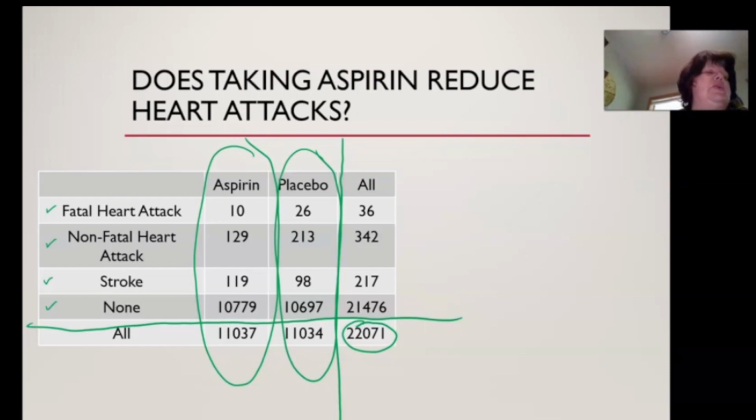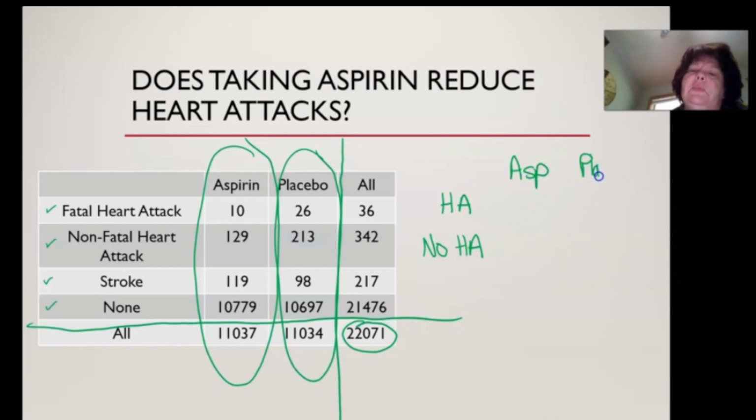So I am going to make this table into one with just 2 rows and columns. So I'm going to put all the heart attacks together, and then I will put all the rest of them together. And then I'll compare the aspirin group to the placebo group. And we'll see what happens.